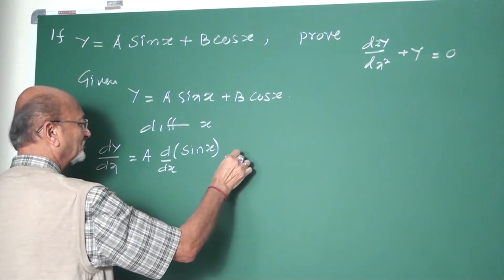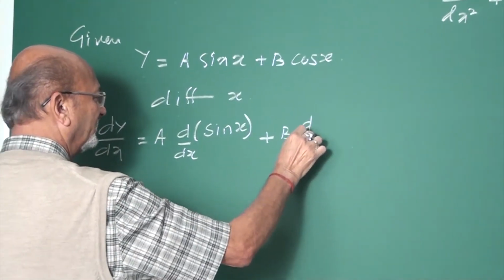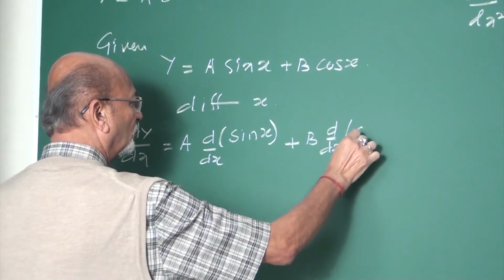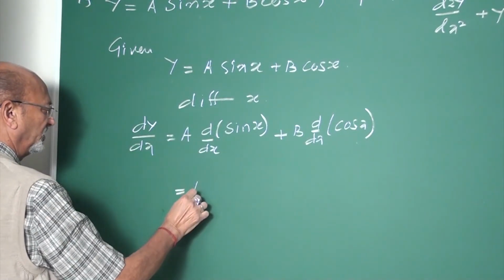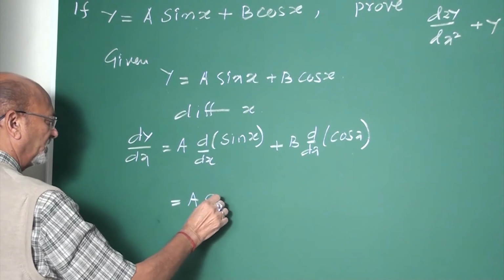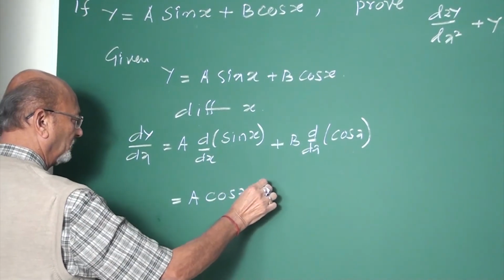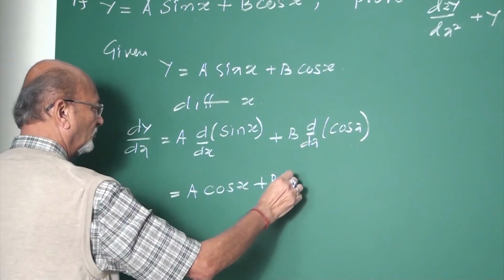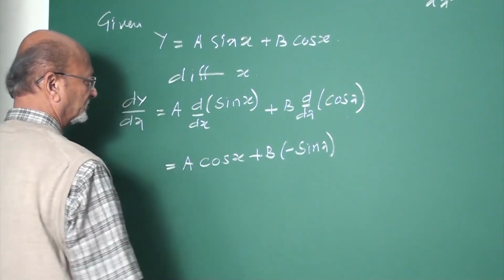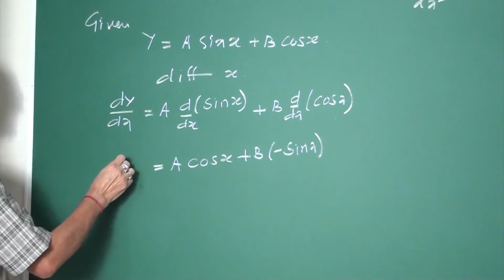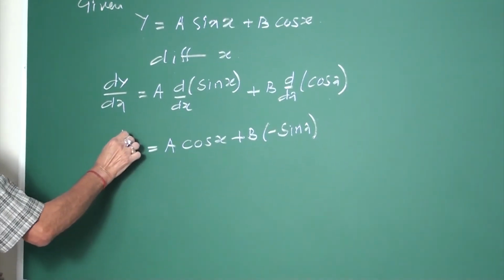Or leave it and write the next step: d by dx of cos x. This is a into the derivative of sin x, which is cos x, plus b into the derivative of cos x, which is minus sin x. This is dy by dx.